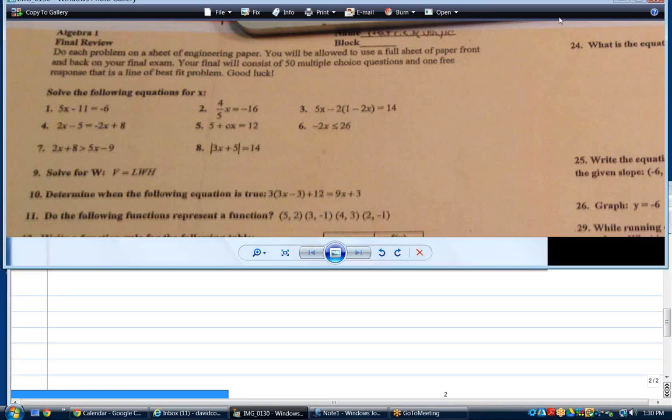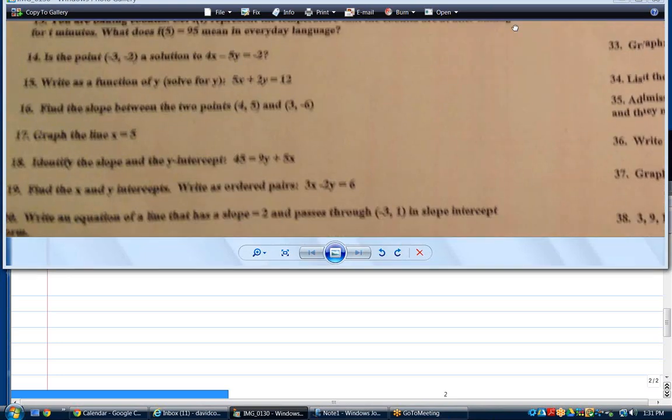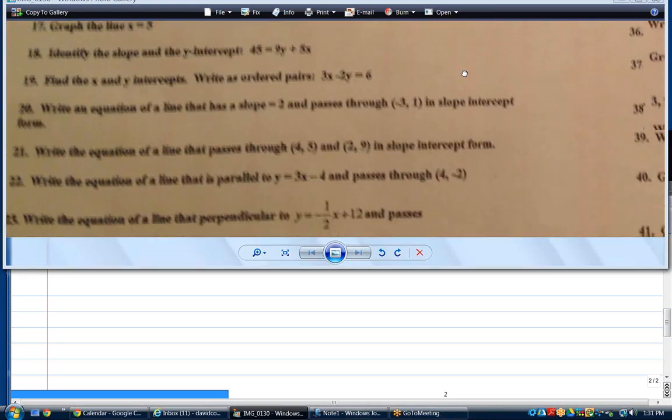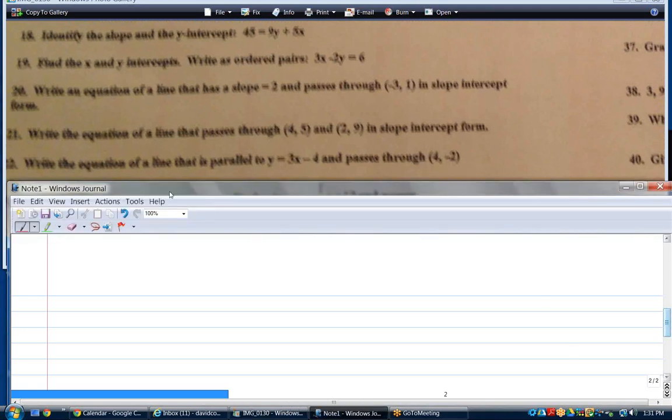Okay, David, from going over this stuff last night, what we'd like to do is have you go over with us again, starting at 18 through like 23 or 24. These ask you to write the equations of a line given different information.